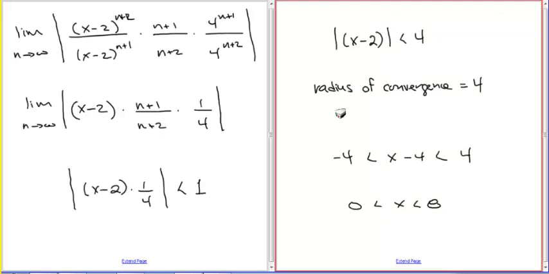So that's still true. This has to be -2. So this is going to be from -4 and then at least x minus 2. Okay, now we add 2, so we're going to get -2 and then 6.